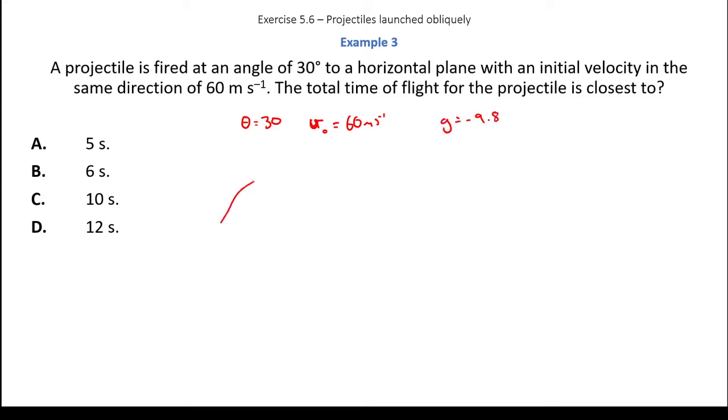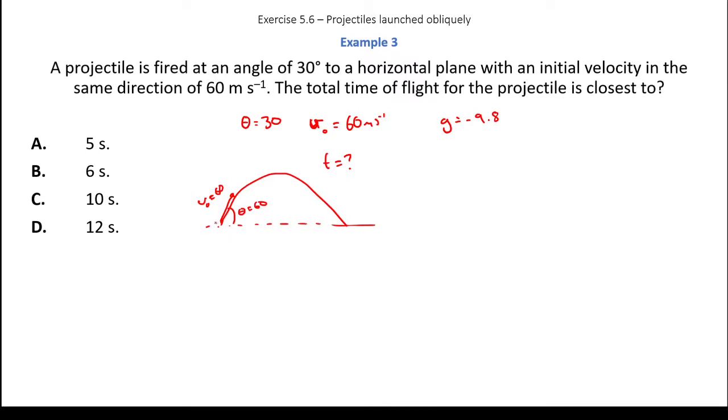So let's draw a picture. It goes up like that. The angle there is 30 degrees. Initial v naught is equal to 60. And we want to know the time in flight. There are a bunch of ways we can go about this.